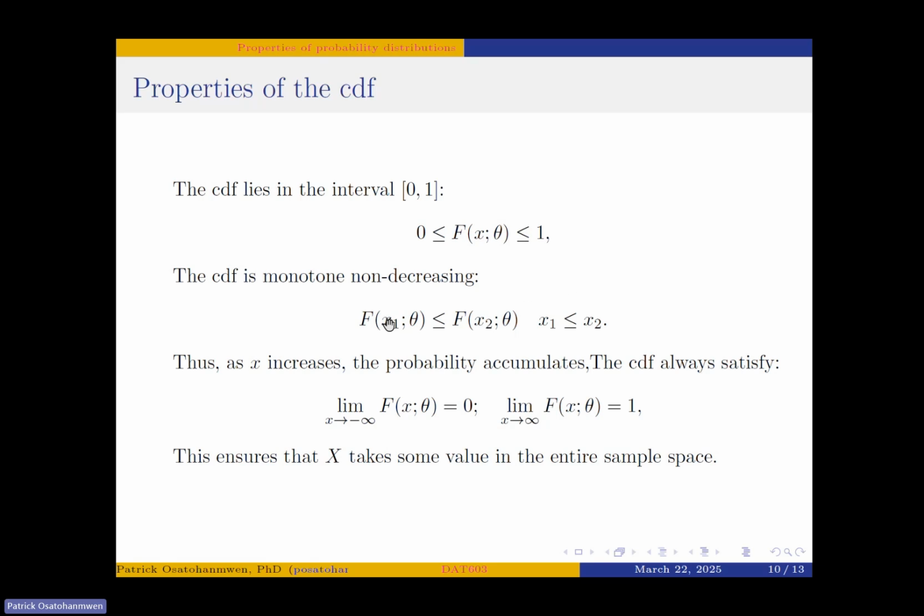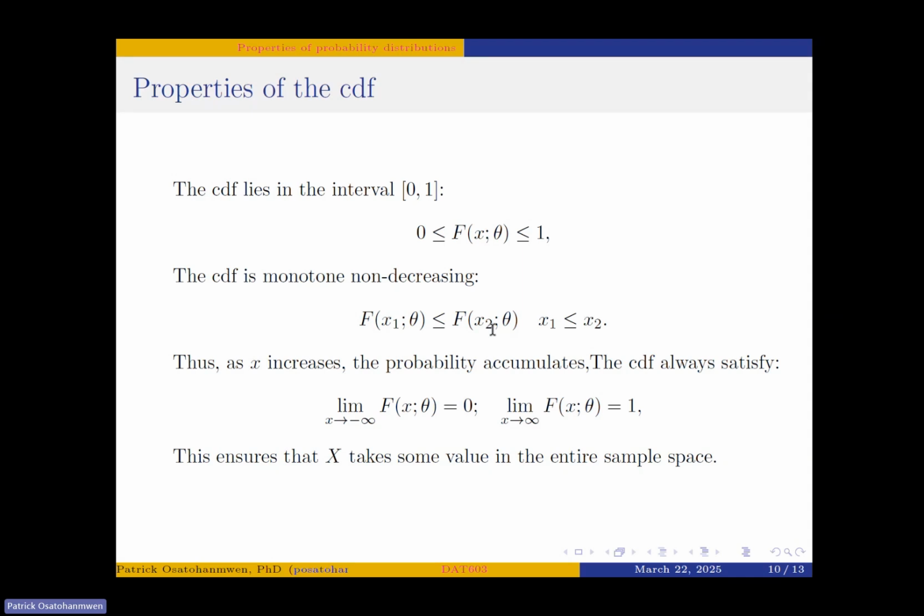In other words, if I'm finding the cumulative probability of 20, it should be less than or equal to the cumulative probability of 50. That is what we mean by monotone, non-decreasing. So as we increase the value of x, the probability accumulates, it gets bigger.